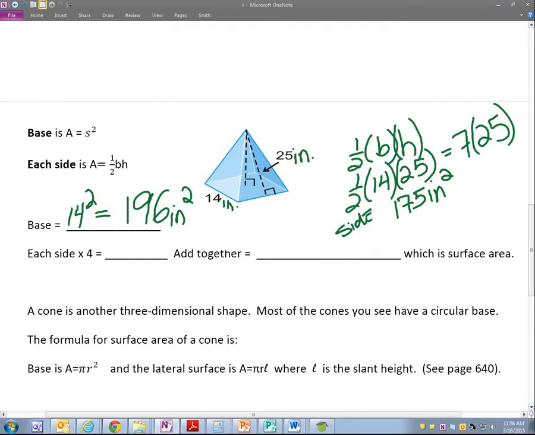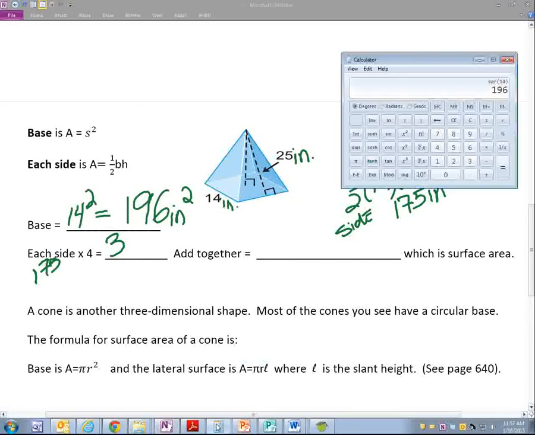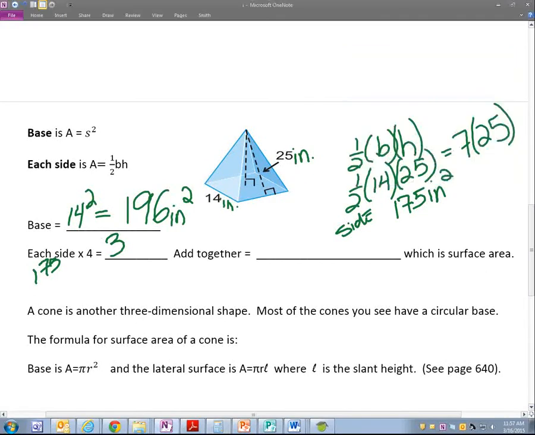So I'm going to take 175, which is each side, times 4. I got 175 and then 371 for added together. 371, that's not possible. No. Minimum of 700. 700 squared inches.